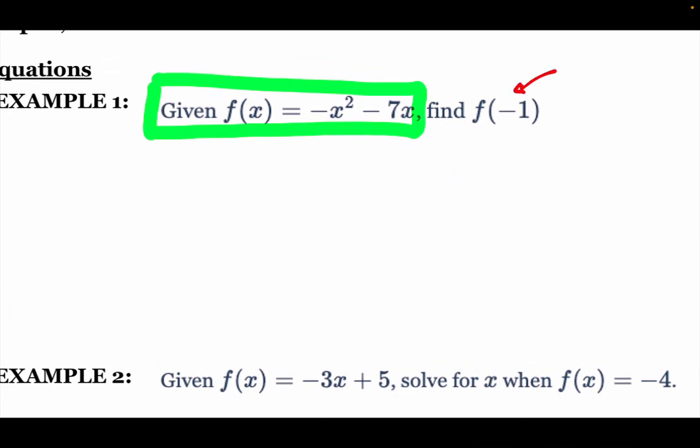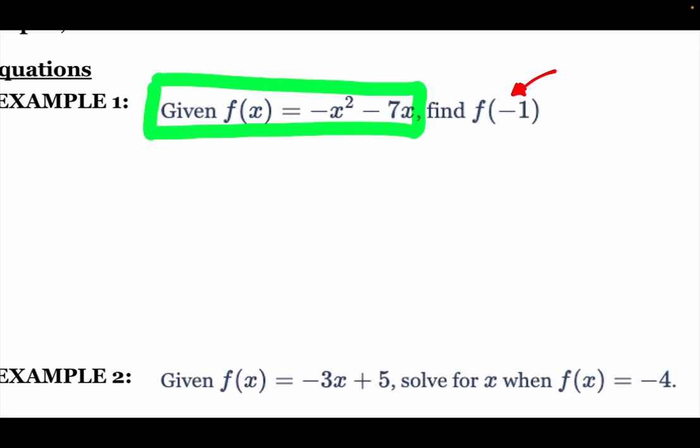So our first job is to figure out, is negative 1 the input or the output? Input is x's. Output is y's. So what do they give us? Is negative 1 an x or is it a y? It's actually x.